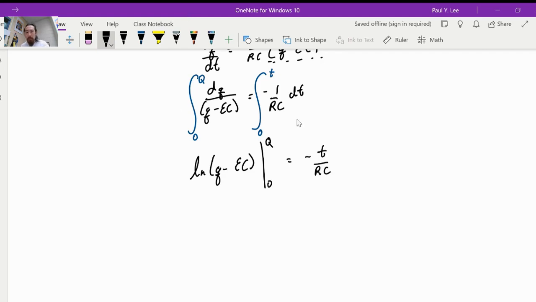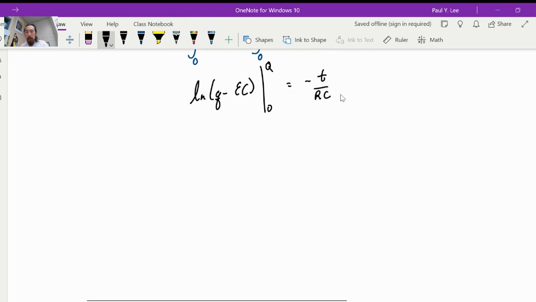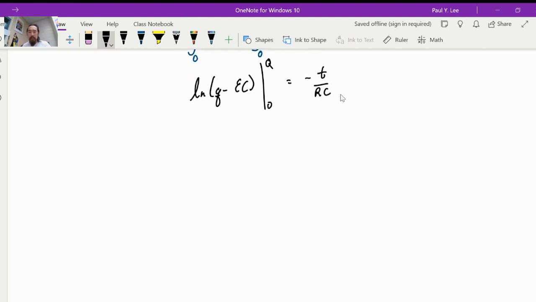Now this is where it gets a little bit fun and tricky, and you need to know the rules of calculus here. Let's plug in our bounds. We get ln of capital Q minus epsilon C, minus natural log of, we put a 0 in for that lowercase q, but we still get negative epsilon C, equal to negative t over RC on the right-hand side.